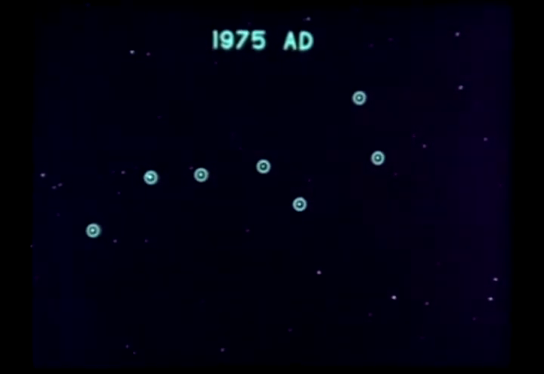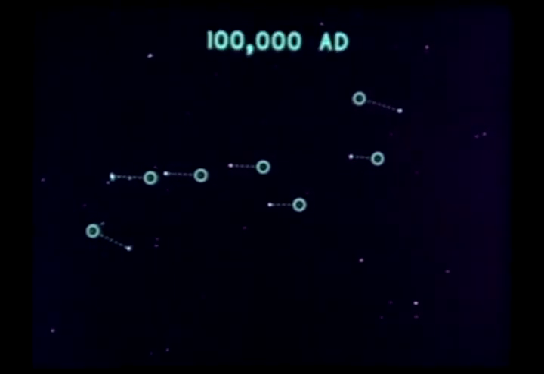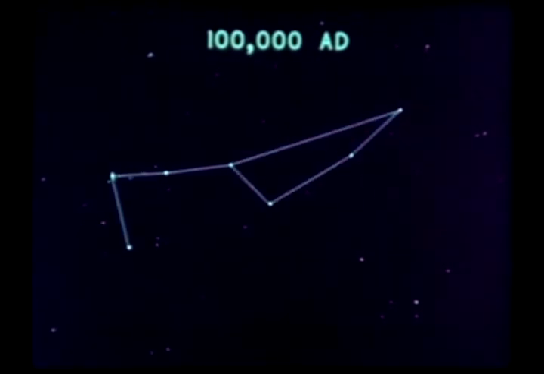But let's watch the motion of these stars over a much longer period, say 100,000 years. The pattern of the Dipper is lost over 100,000 years.